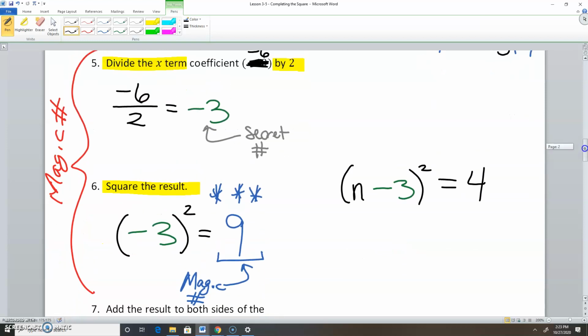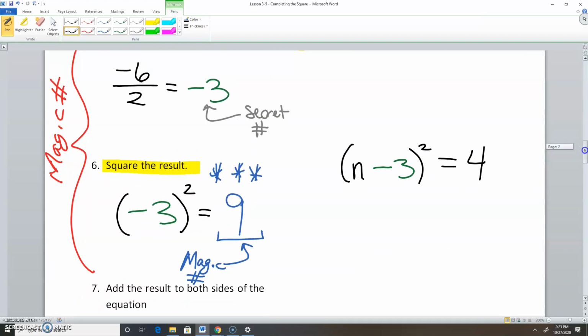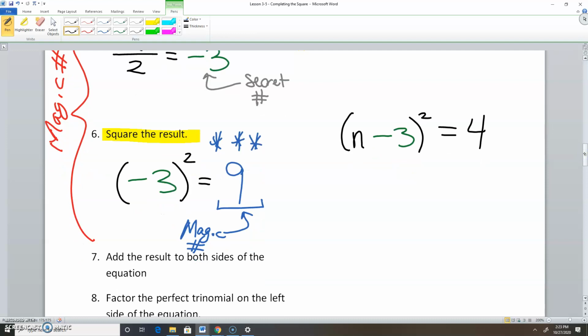Okay. Now, how do I solve this here? Well, we're going to need to use our square root property. I've got n minus 3 squared, so rather than multiply that out, why don't I just take the square root of this side? Which means I have to take the square root of this side as well. So, square root of n minus 3 squared. Well, the square root and the squared are going to cancel each other.